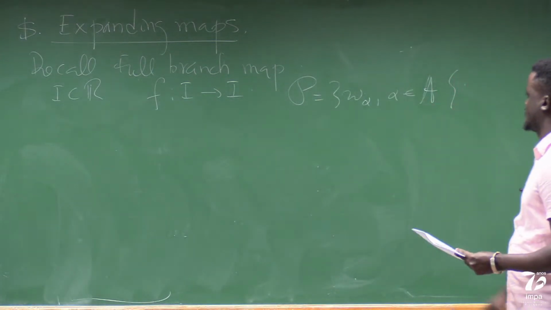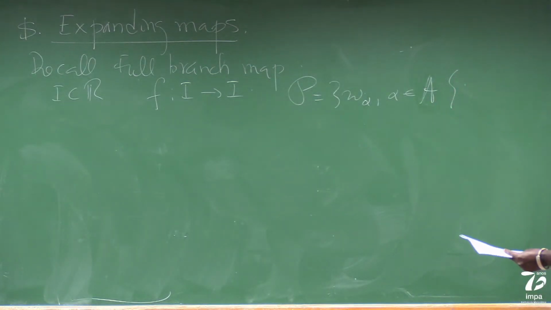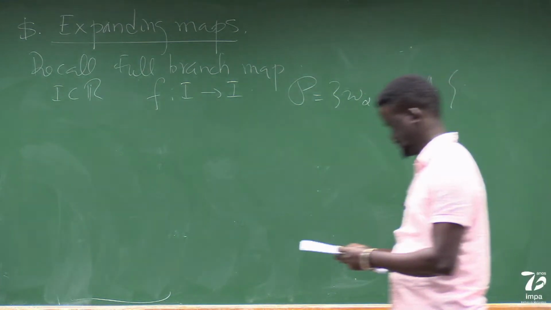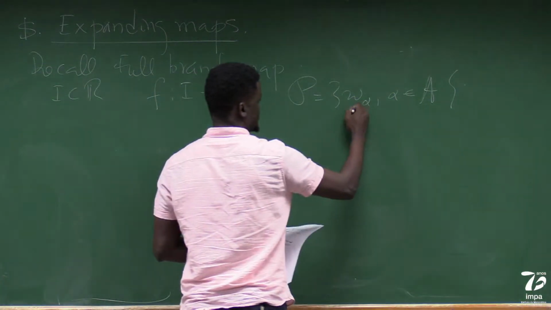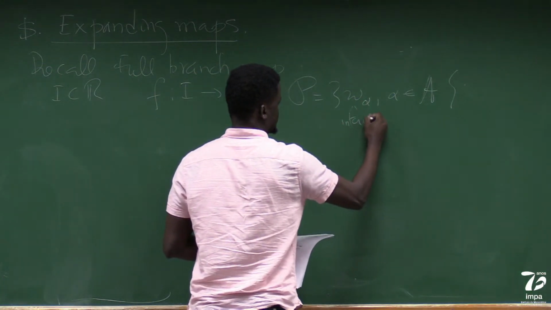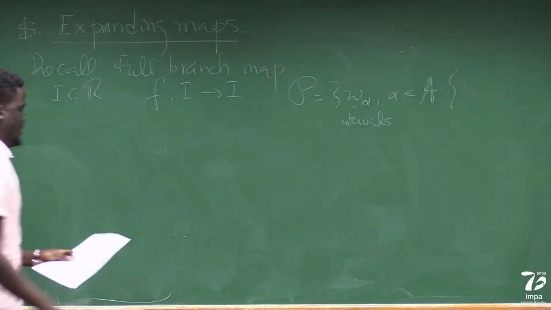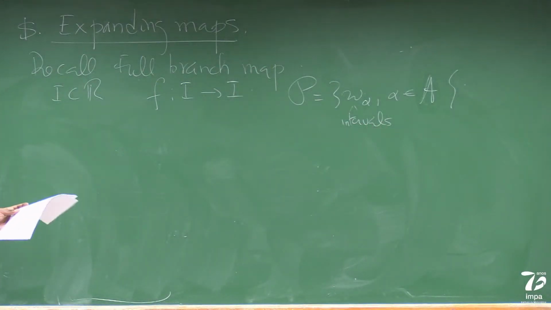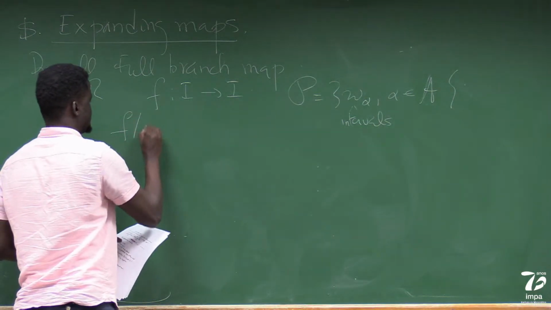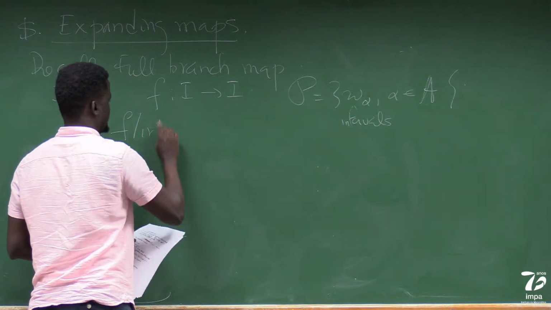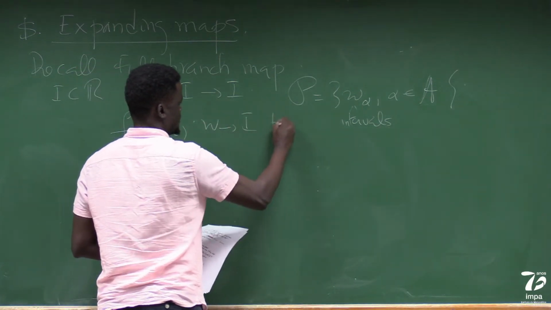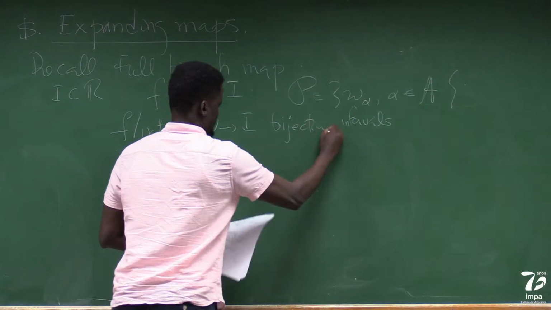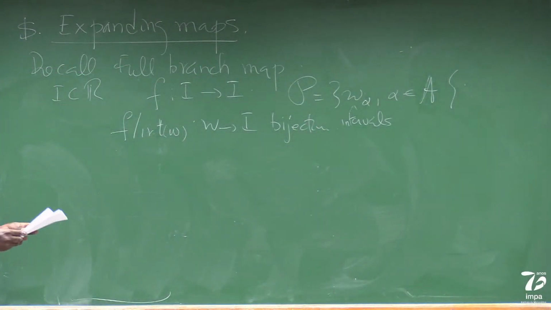A is at most countable. It can be finite. And these are intervals. I'm just recalling because we have defined this. And f restricted to the interior of omega, from omega to I, is a bijection. So this was the definition of full branch map.